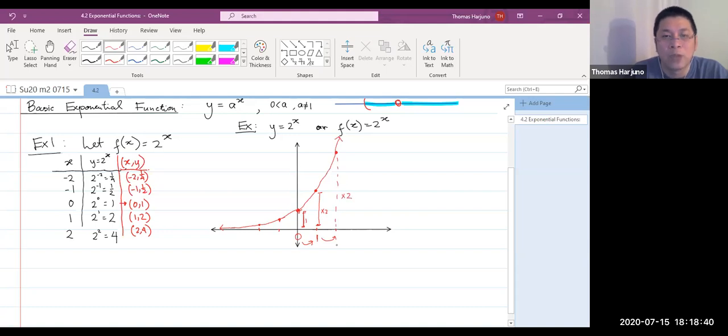So if the base is 2, every 1 unit you move to the right, you multiply the previous result by 2. When x equals 3, y will be 4 times 2, which gives you 8. Again, because the base is 2, I keep on multiplying by 2.